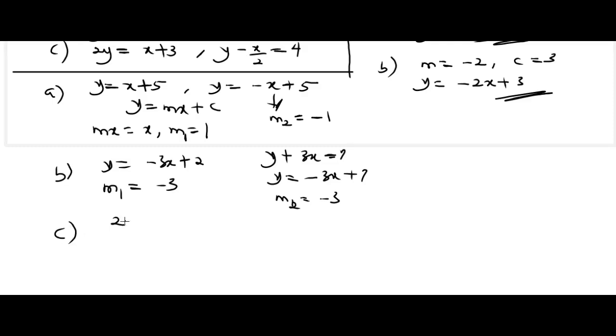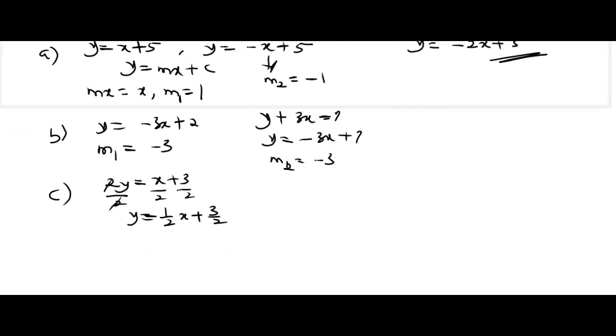Then the third, we have 2y equals x plus 3. So for me to get it to the form of y equals mx plus c, I divide through by 2, so that y equals half x plus 3 over 2. In this state my m1 is equal to half.